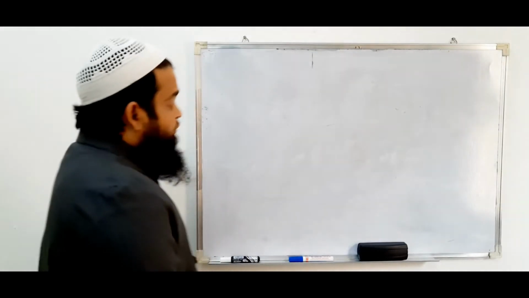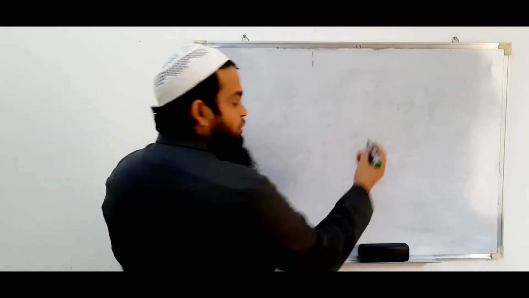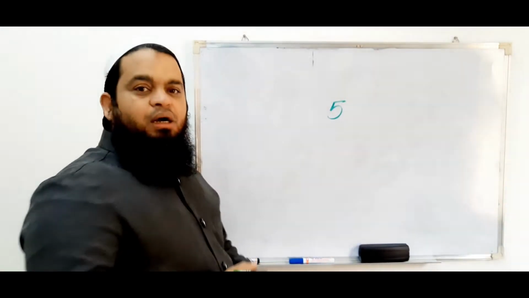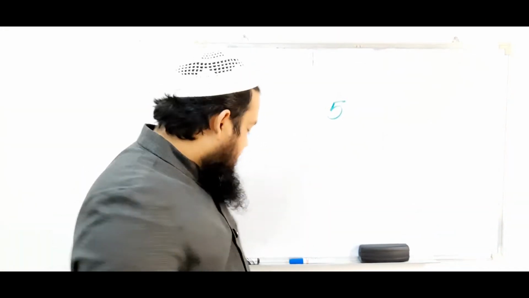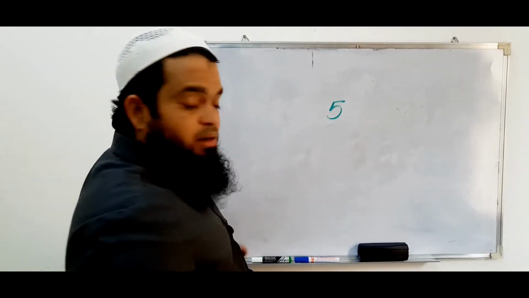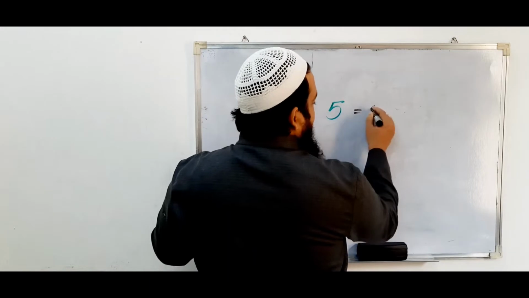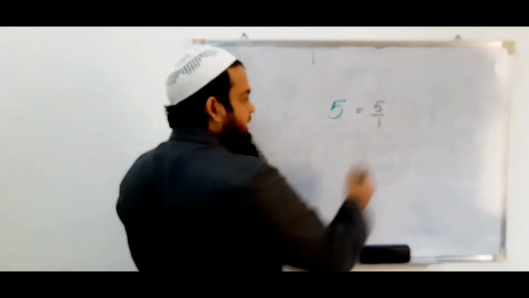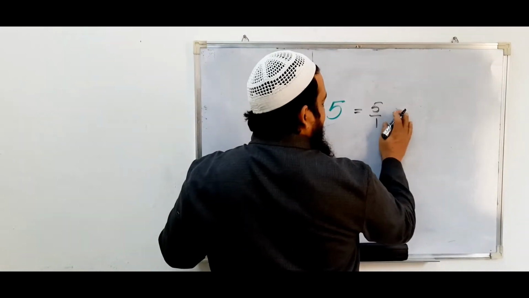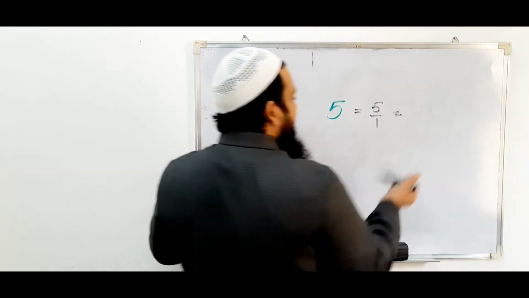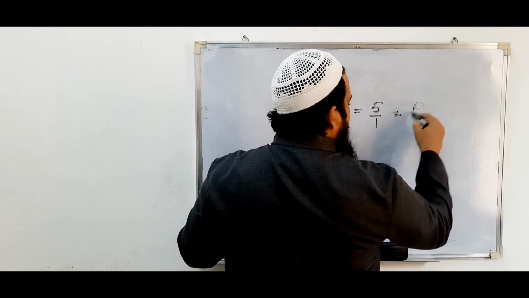Yes, representing rational numbers, I think we have seen. Okay, anyway, before going to the question, can 5 be represented in P by Q form? Yes, it can be represented, right? You can write it as 5 by 1, or if you multiply the numerator with 2 and the denominator also with 2, you can also write it as 10 by 2.